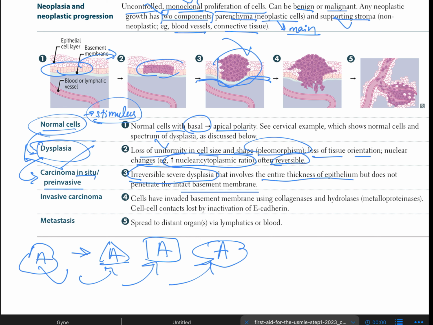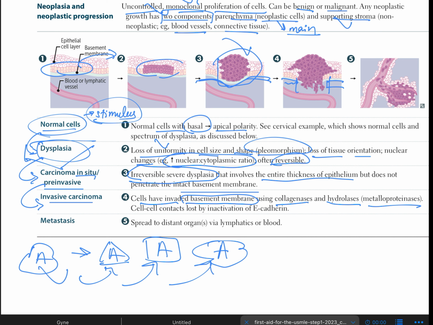If you do not treat it, then it will become invasive carcinoma. In invasive carcinoma, the cells have invaded the basement membrane. The basement membrane is disrupted by the help of enzymes like collagenase, hydrolases, or the metalloproteinase enzymes.